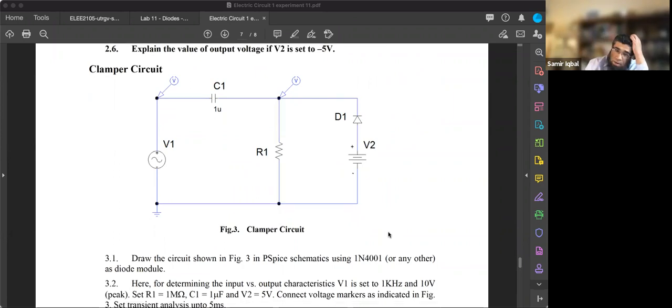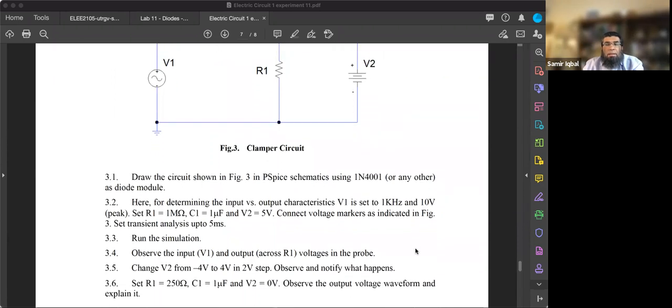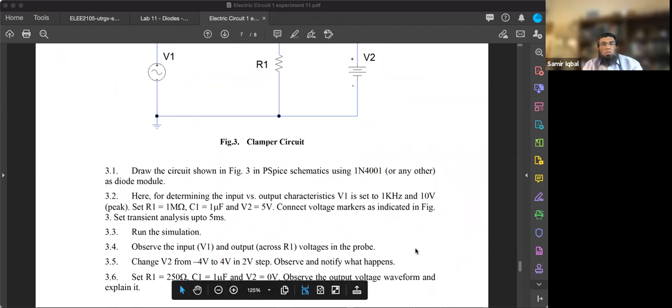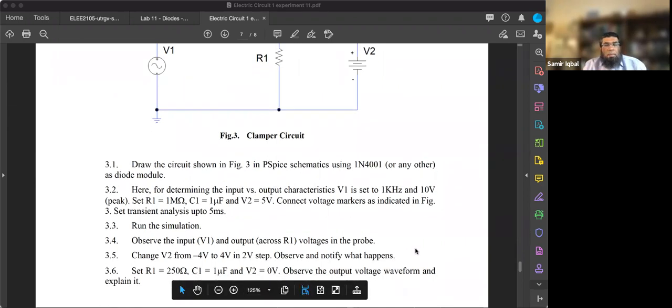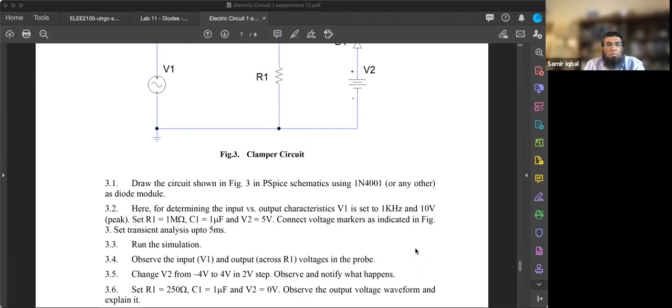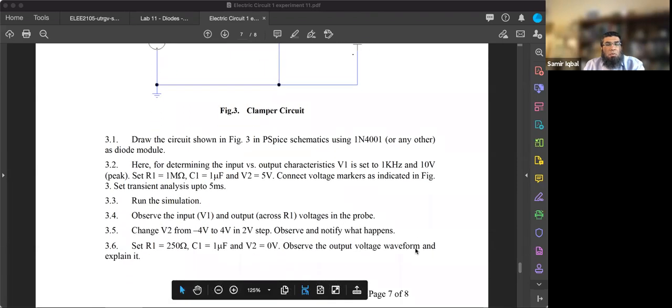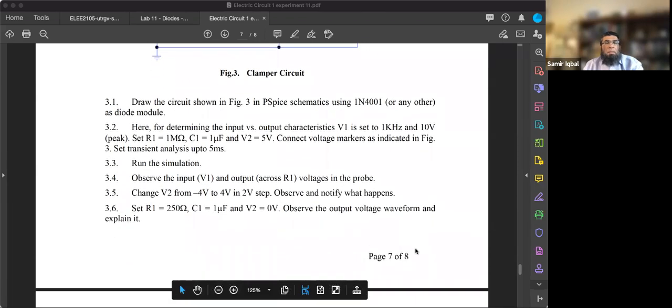Again with 1N4001, and we will set the input at 1 kilohertz and 10 volt. So you'll play with resistance, capacitance, and second voltage, and you will see the input and output across R1 from the probe. You change the voltage -4 to +4, and you will see what happens between those two settings.